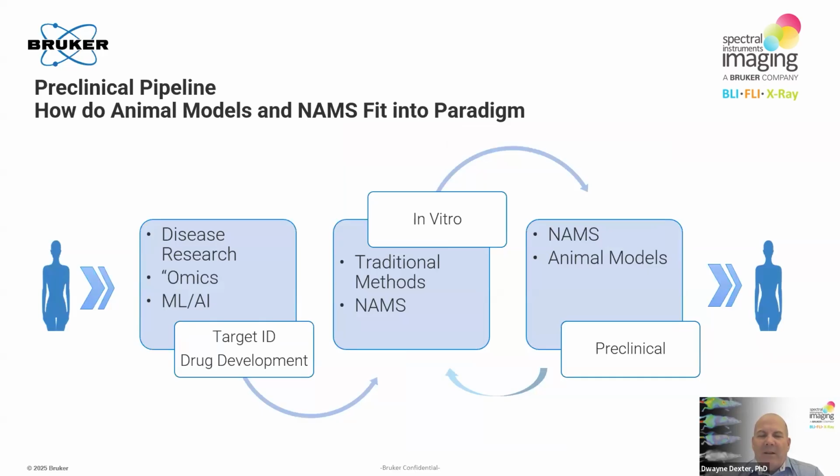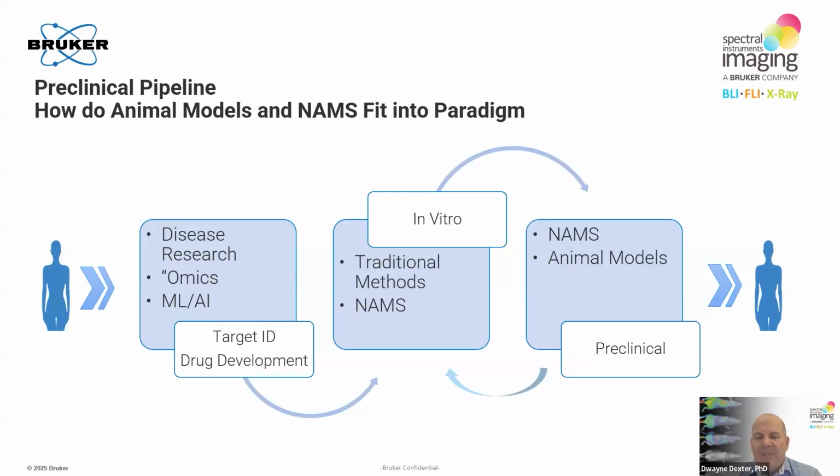Following up on the director's statement on complementing animal models and how NAMs complement, NAMs are definitely going to find a place and use in the traditional in vitro drug discovery space, understanding lead compound performance, making sure disease phenotypes are established. But in the preclinical space, NAMs are also going to play an important role and complement animal model research as well.